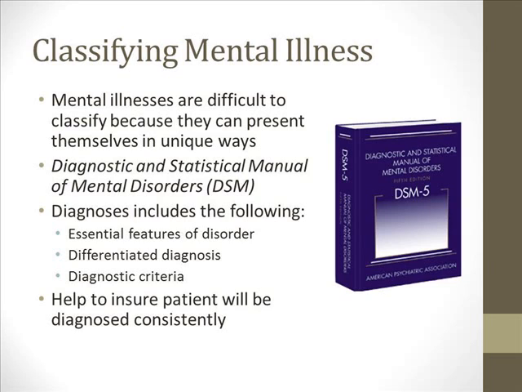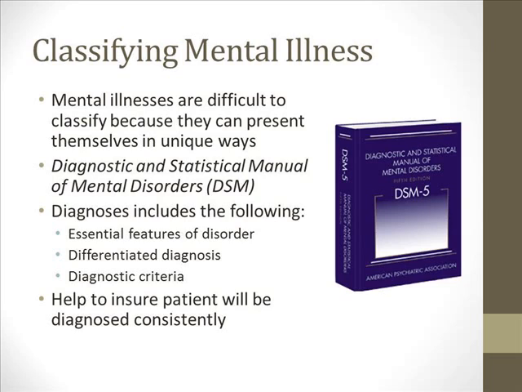So what the collective group of psychologists did was to attempt to streamline and classify mental illness. It's difficult to do because they present themselves in very unique ways. And so everybody who is a little abnormal, as we talked about in the previous slide, may look a little different than everybody else. And so psychologists have developed a manual called the Diagnostic and Statistical Manual of Mental Disorders, or the DSM.